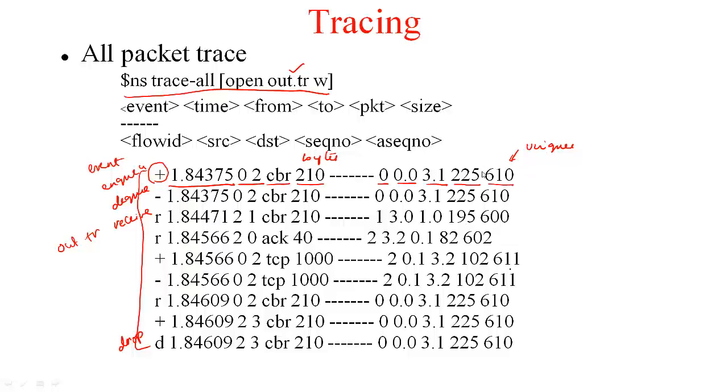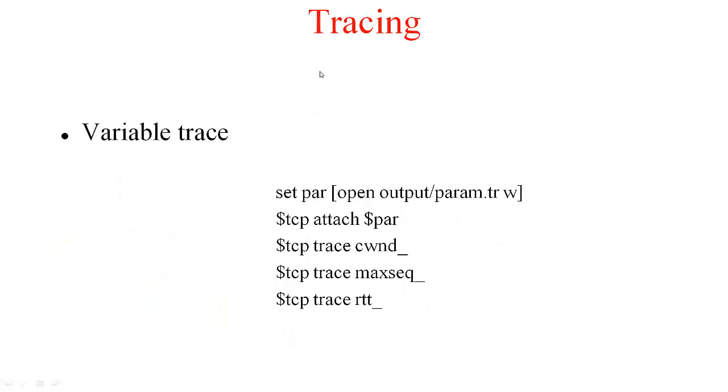For example, if there is a retransmission of this particular packet, the sequence number stays the same, but this other number changes because it says that this is a new instance of the packet. Trace all traces the packet flow as part of the simulation.